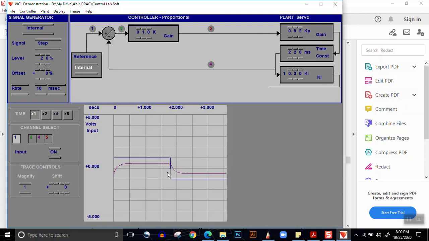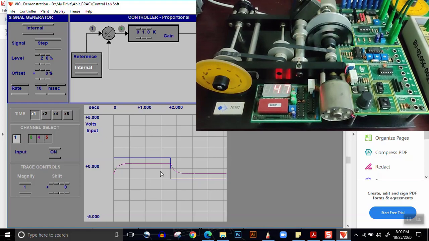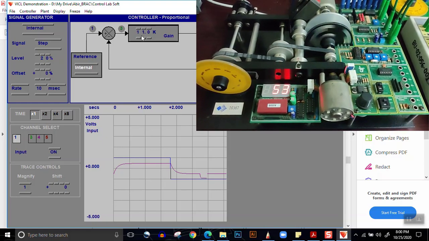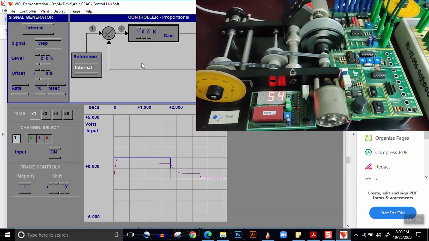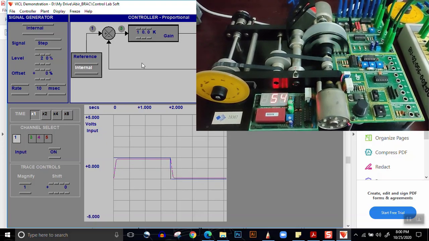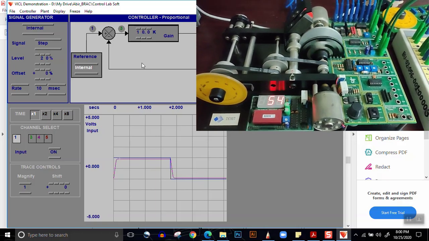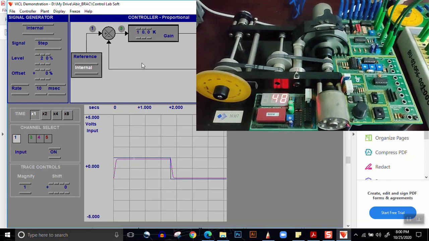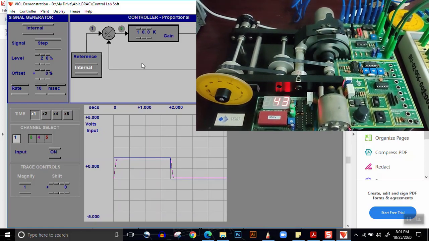So the effect is very readily available. And if you look at the right hand top corner, in case of step response at a higher value of k, that is at k equal to 10, you'll see the effect of braking also. The steady state will be achieved really fast, and the effect of braking would be less. That is, in case of applying the brake, the change in velocity will be low.